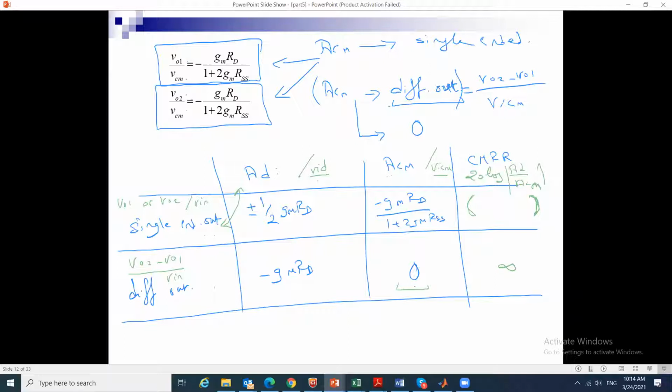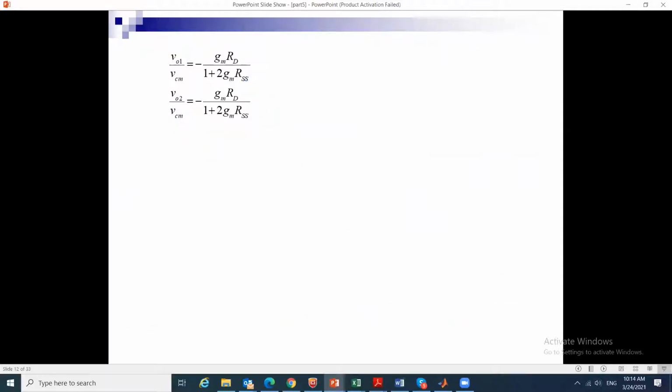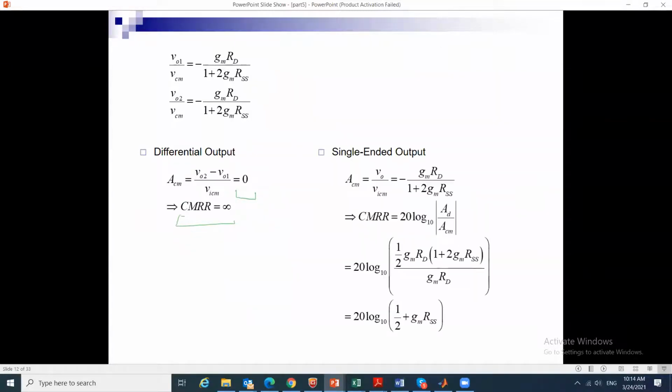Okay, great. Now I'm going to clear this and look at the derivations here. In the derivation he tells me that for differential output the common mode will be 0 because the expressions are the same and the CMRR will be infinite. For the single-ended output the common mode will be one of them, so it is this expression here, and the CMRR is 20 log AD over ACM.